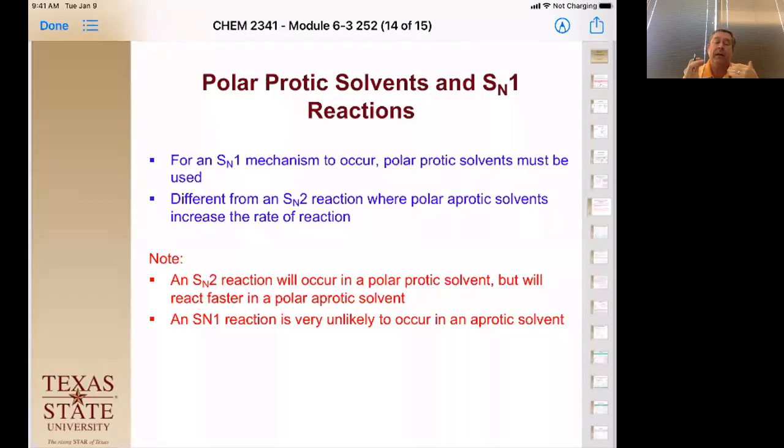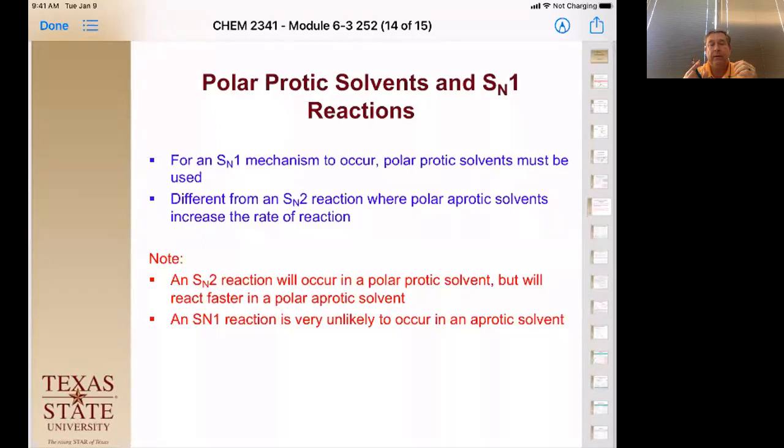Remember, in an SN2, we're trying to make the nucleophile a stronger nucleophile with the aprotic solvent. And in the case of SN1, we're trying to hydrogen bond to the leaving group to pull it off first to form our intermediate. So that's one way to look at the difference between the SN1 and the SN2.